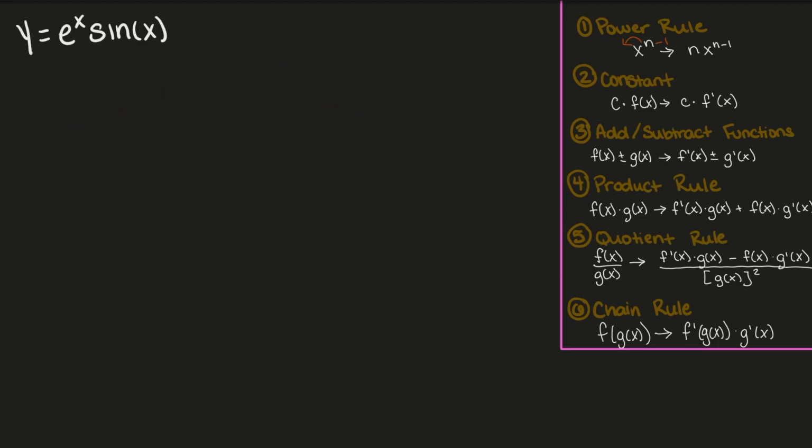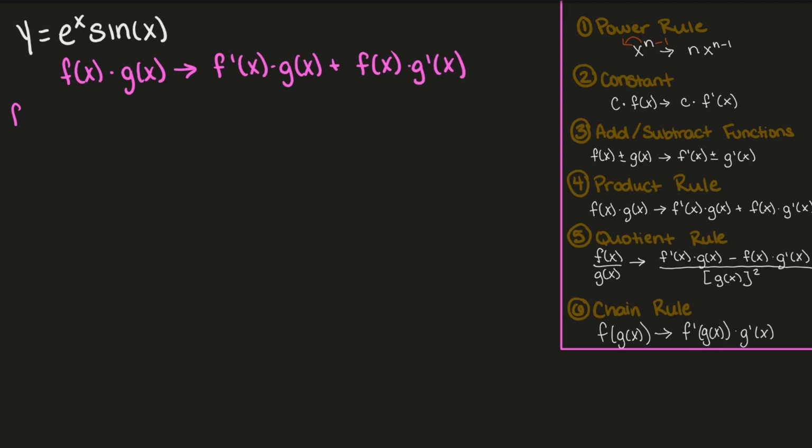Next we have y equals e to the x times sine x. Here we're going to use the product rule because we have f of x times g of x. And that means our derivative will then be f prime x times g of x plus f of x times g prime x.